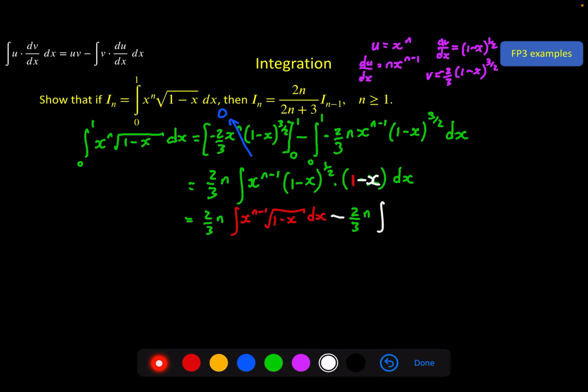And then I've got the integral of x to the n minus 1 times x, which brings us back to x to the n, times the square root of 1 minus x. So this times by the x gives you this, and then we've still got 1 minus x inside the square root here.